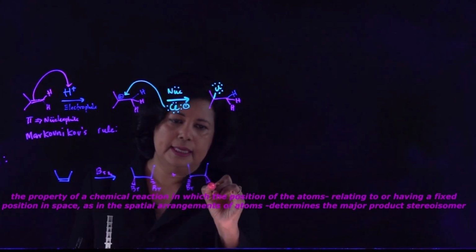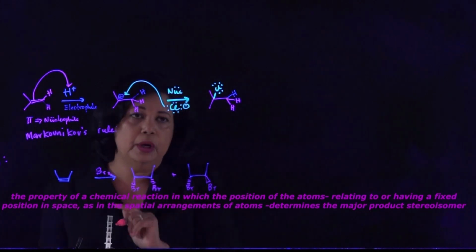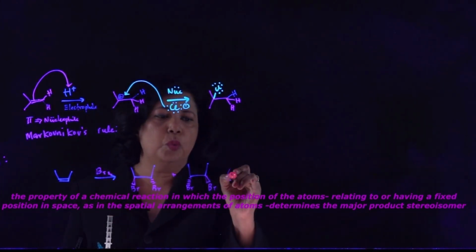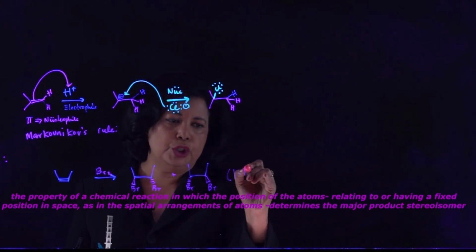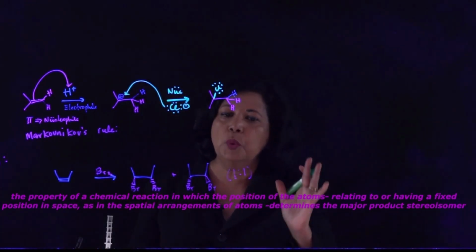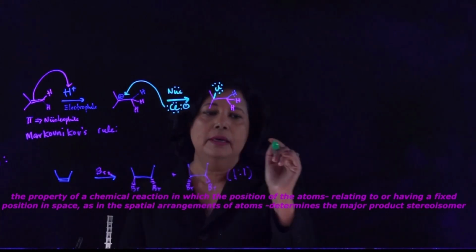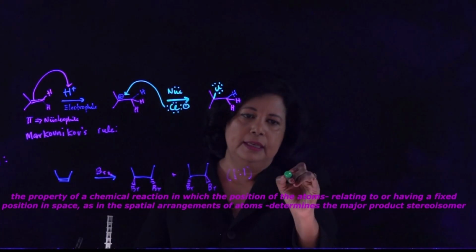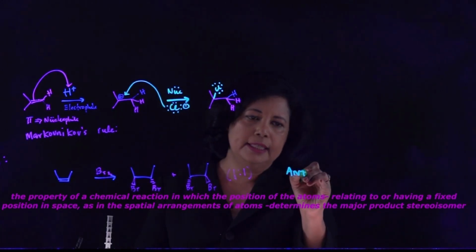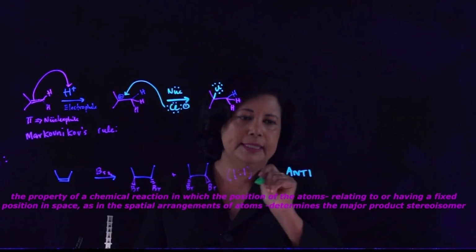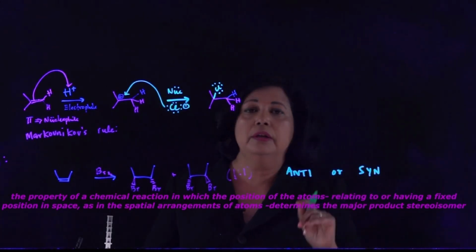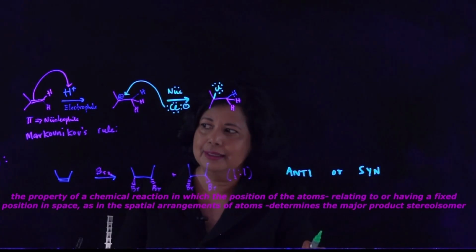So these two are enantiomers. Now in this case, you get a perfect one-to-one mixture. So there are two main ways that the mechanism adds stereospecificity. One is called anti-addition, like this, where they're on opposite sides, or syn. These are the two that we are going to look at in this chapter.